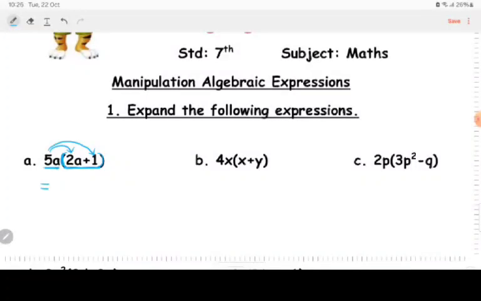So 5 into 2 makes it 10. A into a makes it a square. We have a plus sign in the middle. 5 into 1 makes it 5, and the a follows.